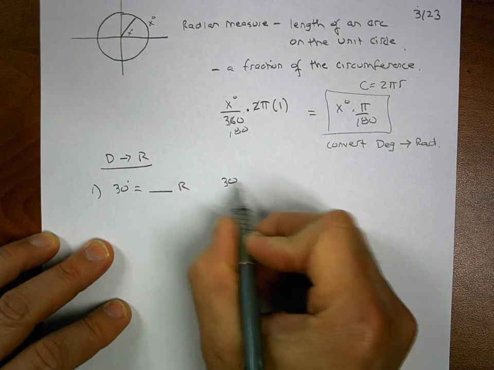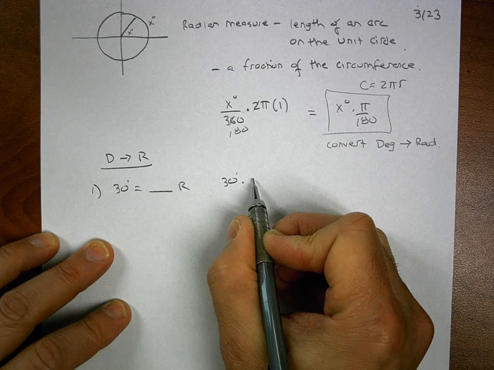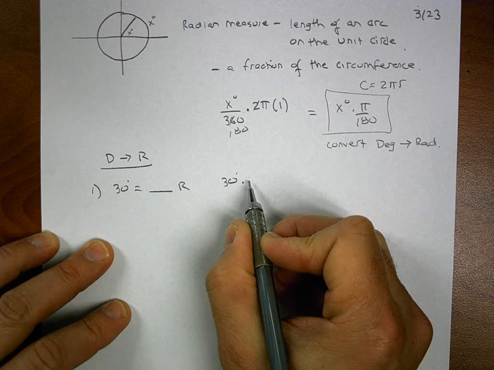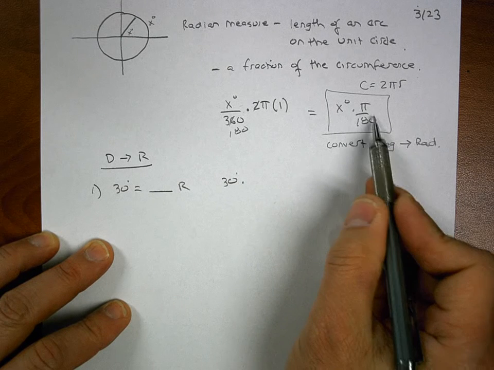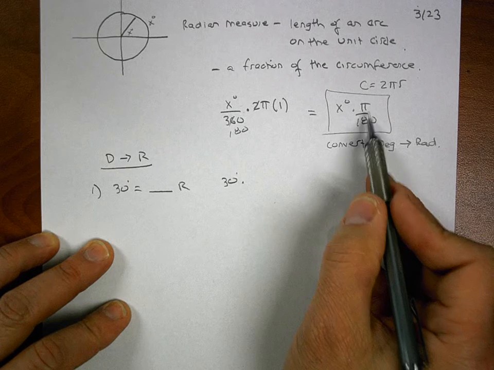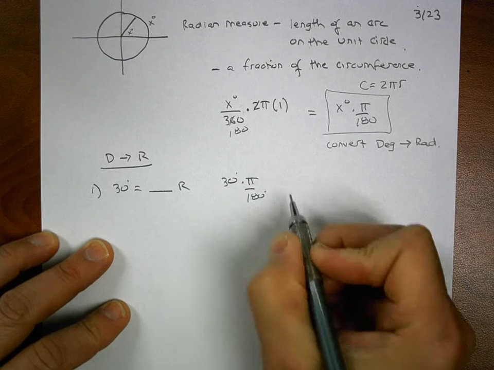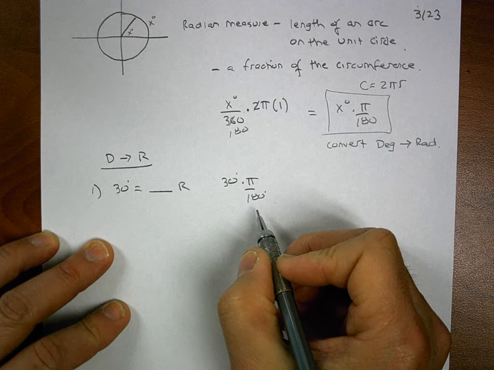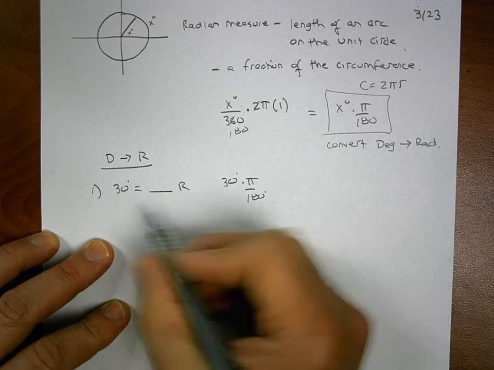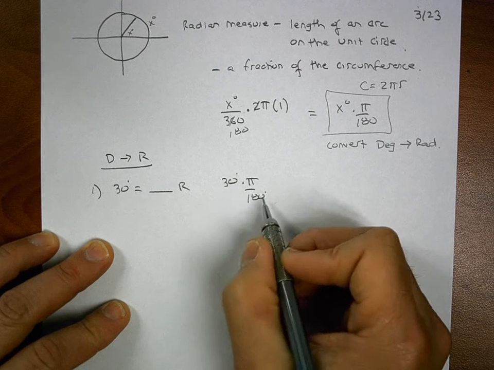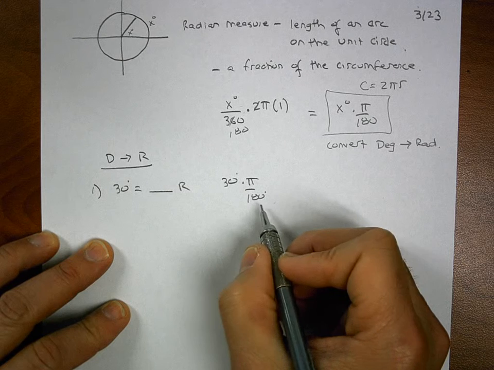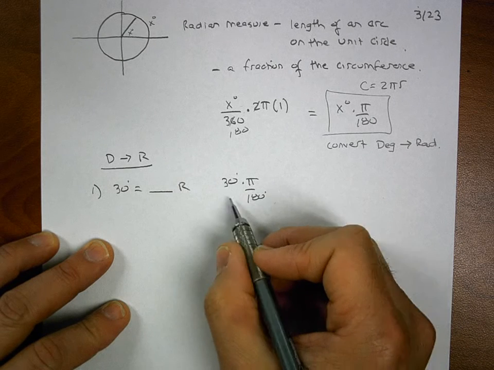So we have 30 degrees times what? How do we convert? Times pi over 180. And we reduce that, and that's how many radians 30 degrees is. So 30 goes in there 6 times, right? So this is 1/6.